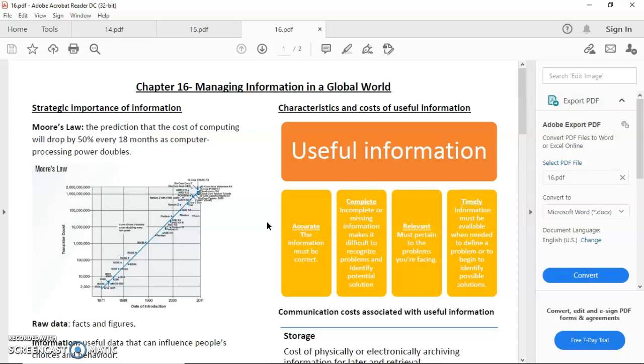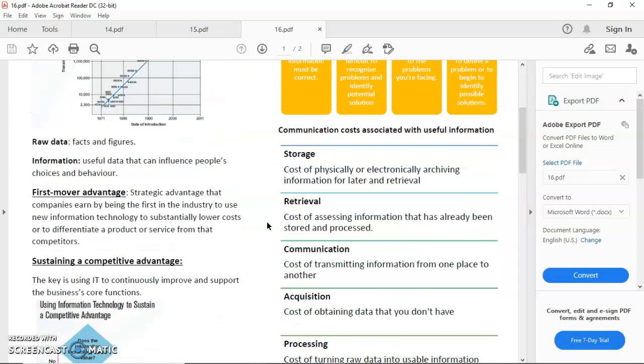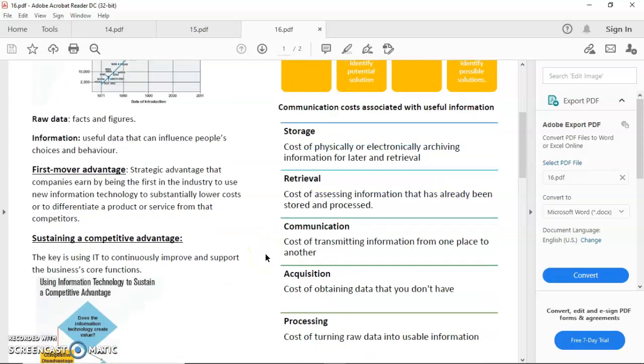The information also needs to be relevant, so it must pertain to the problem you're facing, and it must be timely, so it must be available whenever it is needed to define a problem or to begin to identify possible solutions. Communication costs associated with useful information, so there's the storage, retrieval, communication, acquisition, and processing.